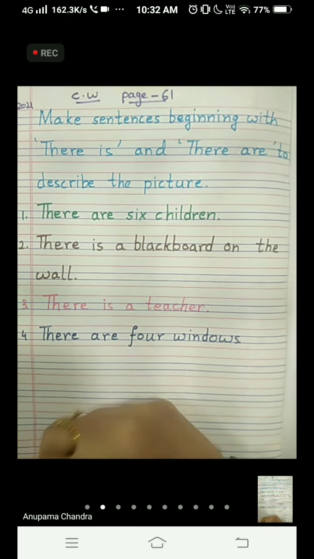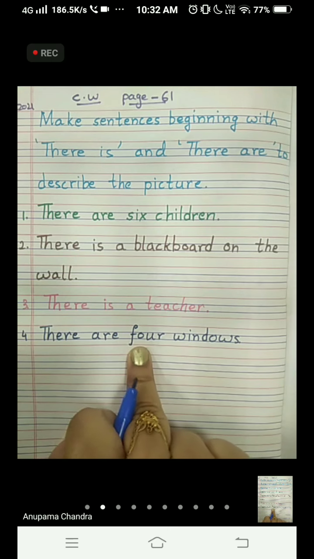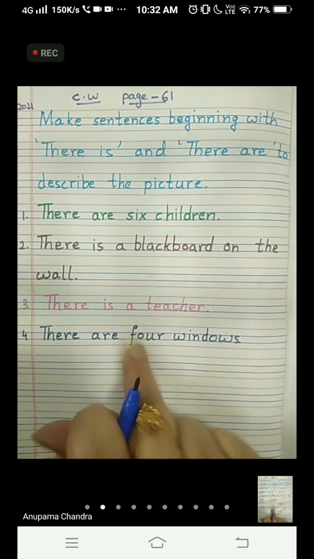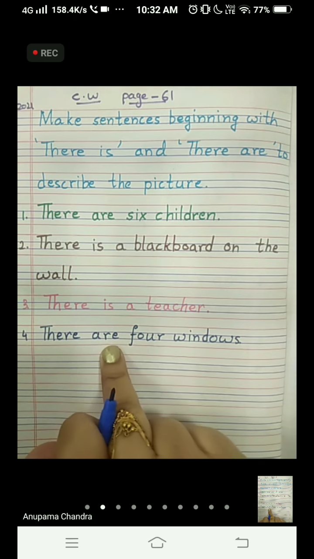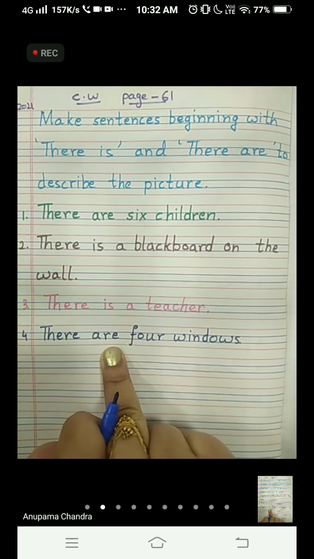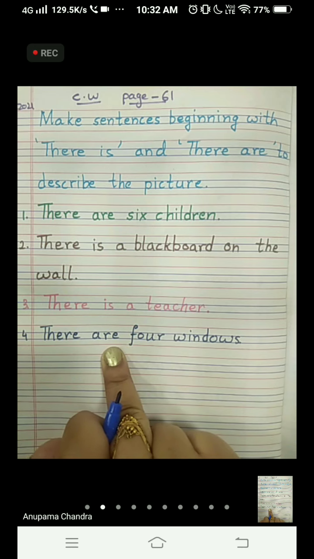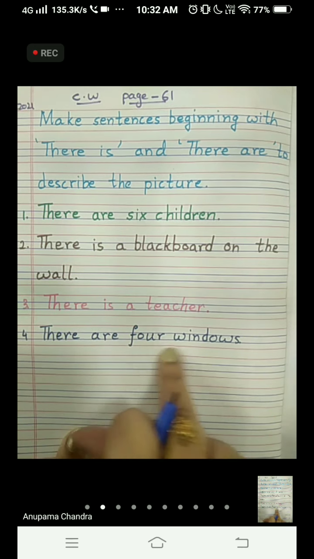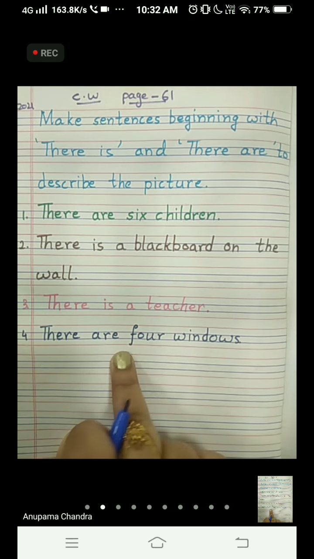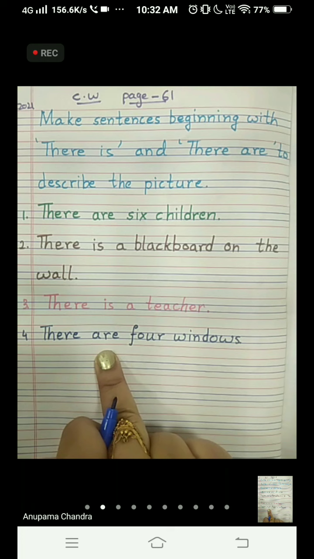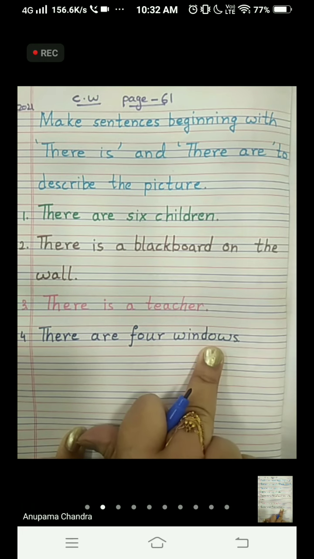Now here, children, we are talking about 4. 4 is more than 1. So we have begun the sentence with there are, because we use there are when we talk about more than one thing. Okay, and we are talking about 4 windows, so we will begin the sentence with there are. There are 4 windows.